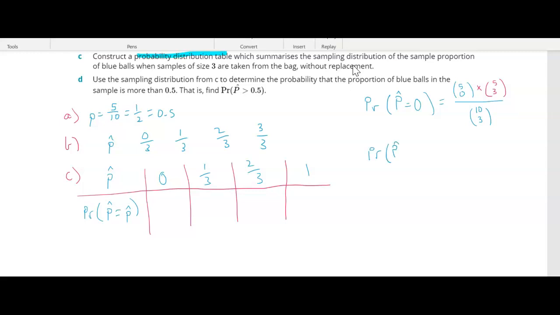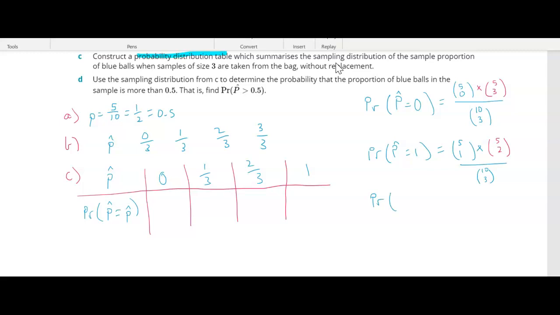Then we do the same for 1. So we've got 5 choose 1. But this time, because we've already chosen 1 blue ball, we only need 2 red balls. And that's still over 10 choose 3.